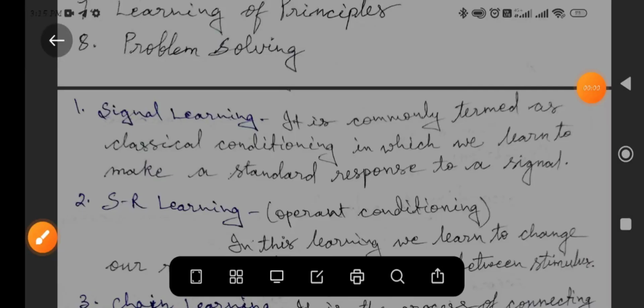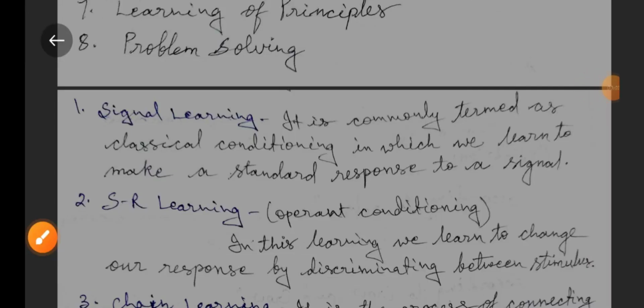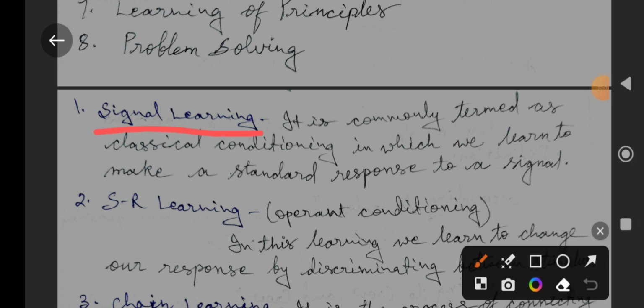Okay, so friends, first we will discuss signal learning. So friends, what do you mean by signal? Signal means a sign, action or a sound that sends a particular message. Like, friends, in school, after the last period, when the bell rings, students come to know that now we will go home.